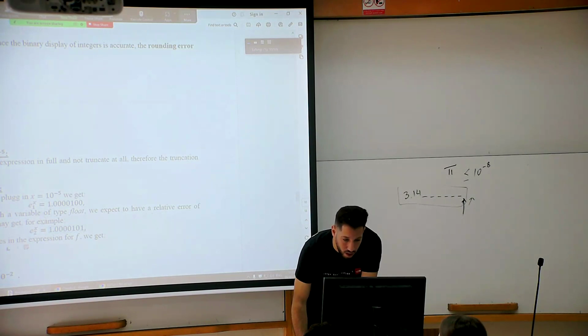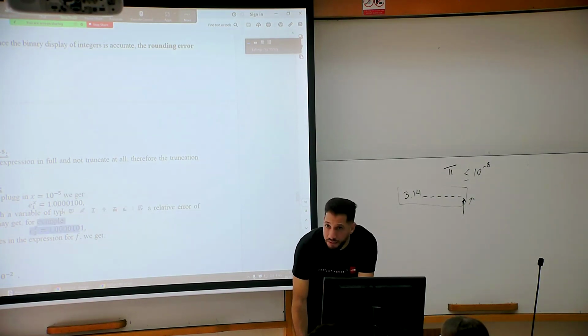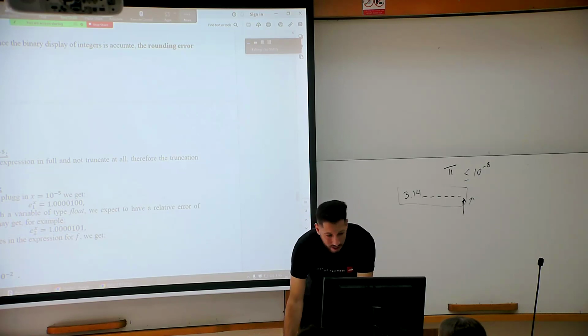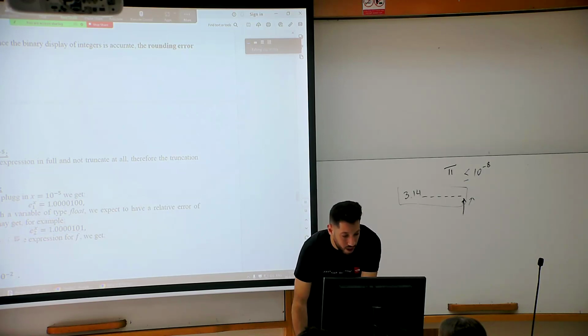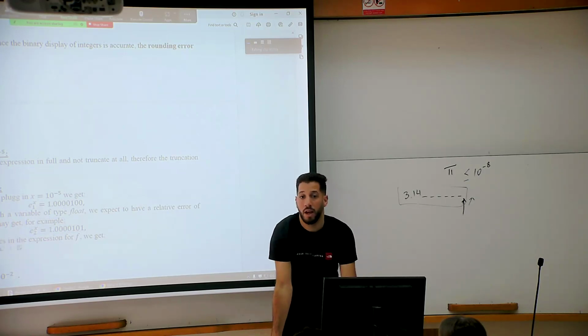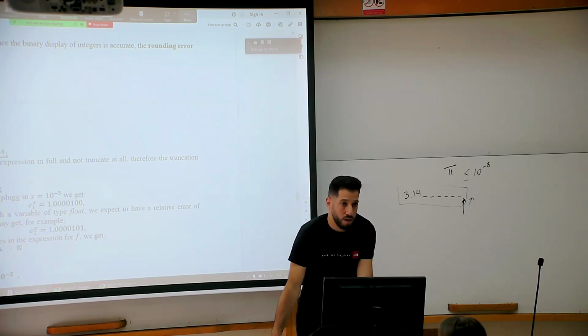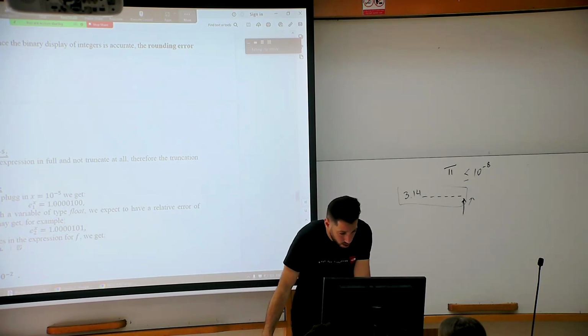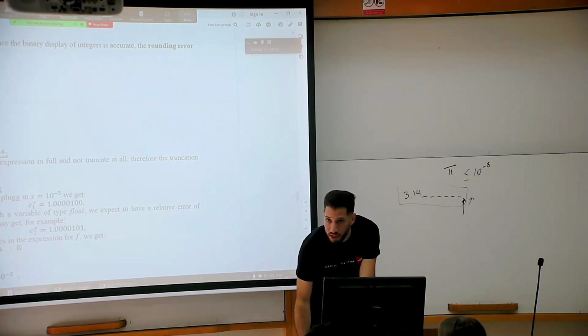And now, when you take minus 1 from this and from this, you see that the difference now is 1% from the real value. So here the rounding error, its propagation gave me 1% of relative error, and that's large.